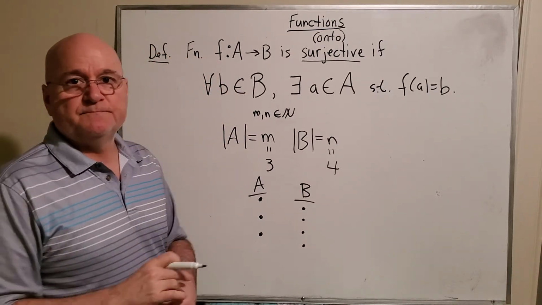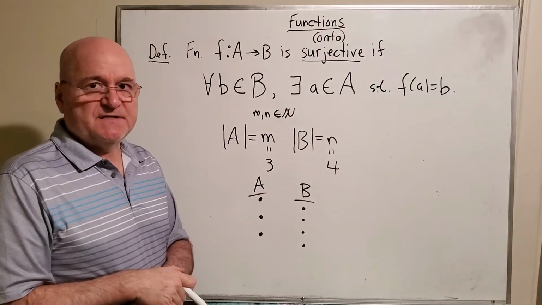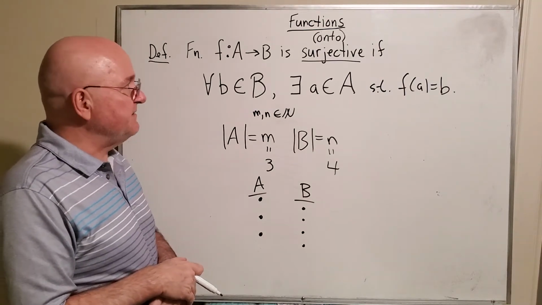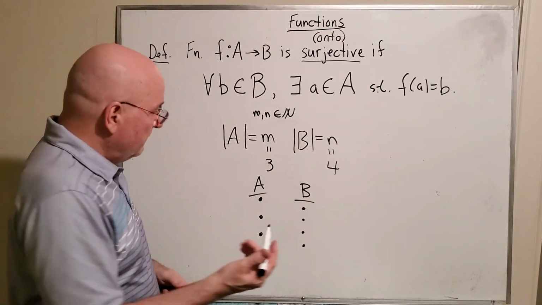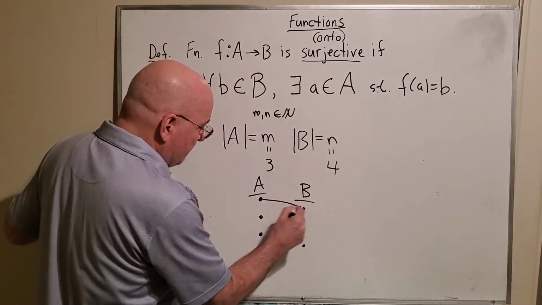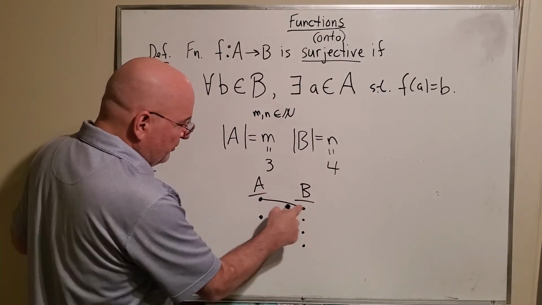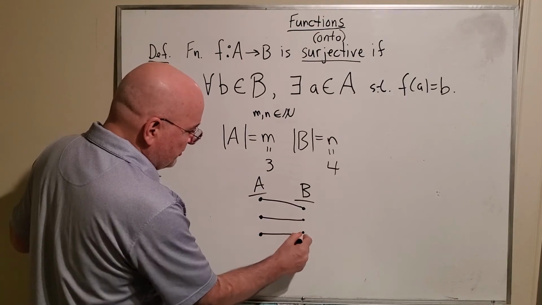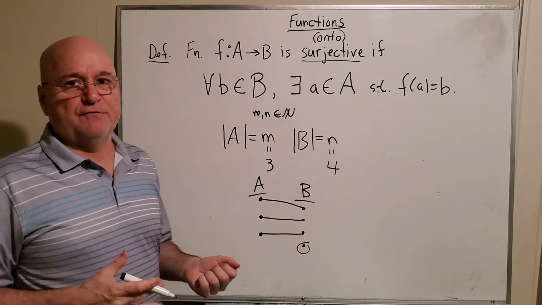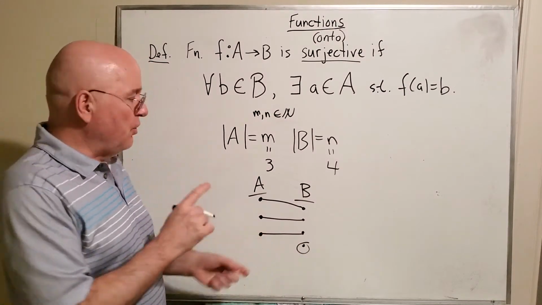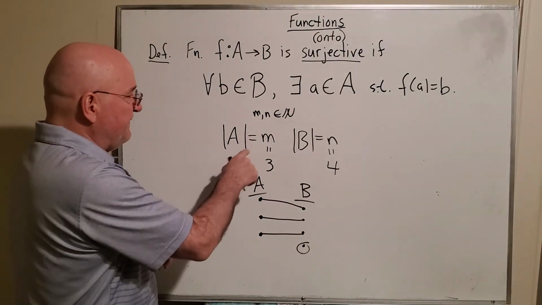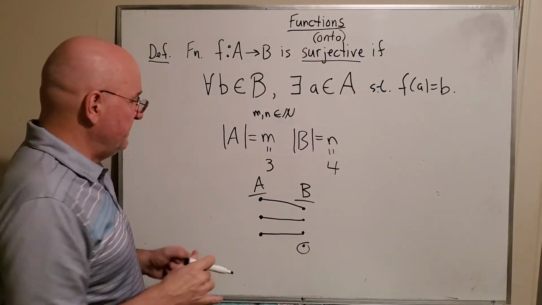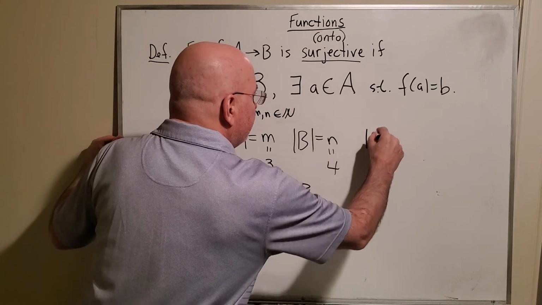Is that possible? If f is a surjective or onto function, well, let's draw a picture. That one can get mapped to, but each point in A can only get mapped to one because it's a function. That one could map to there, that one could map there. We've got one left over. It's impossible.